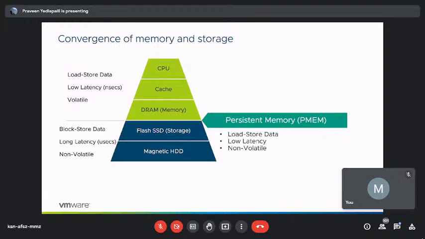It also has the good thing about storage, which is non-volatile. So that's why it is called persistent memory. And the other advantage of storage is high capacity, like I said. And persistent memory also has that high capacity advantage. So it takes both good things from memory and good things from storage, and this is built into one new technology called persistent memory.